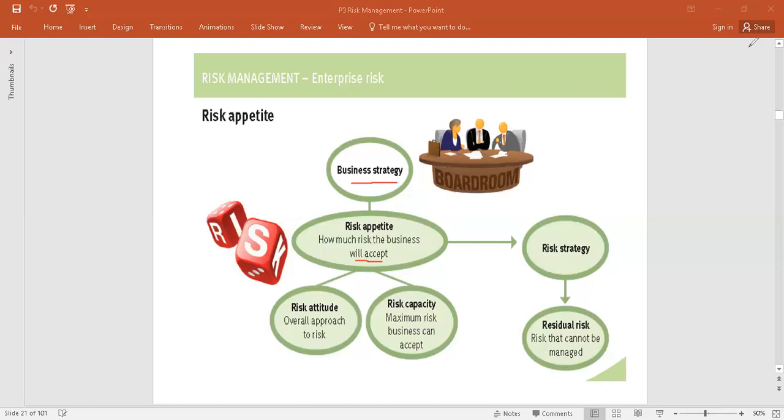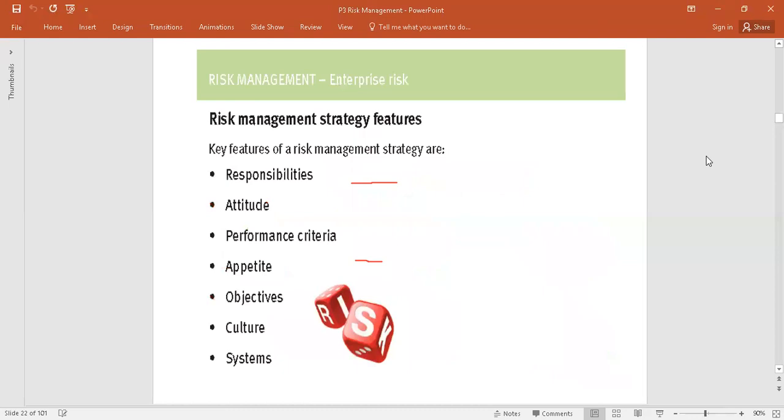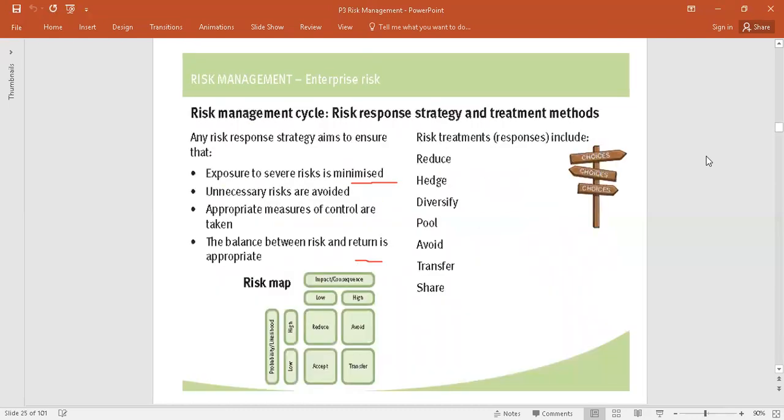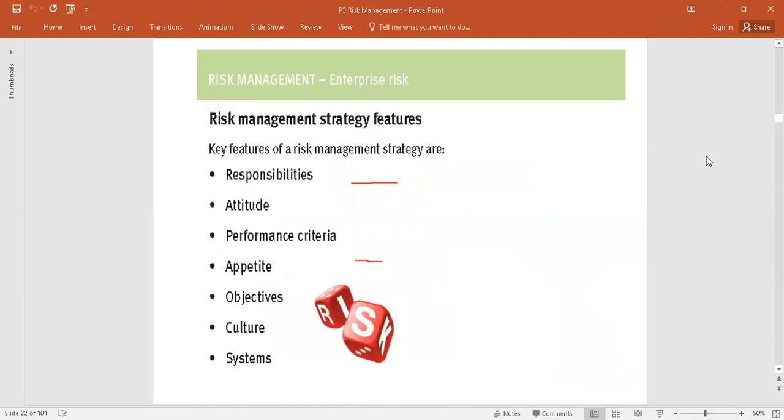Now, if we talk about the risk responses, let's quickly look at the key features of a risk management strategy. When a plan is decided for the future, what attributes would be there? The key features of a risk management strategy are the responsibilities: who would be held accountable after decisions involving risk are taken.